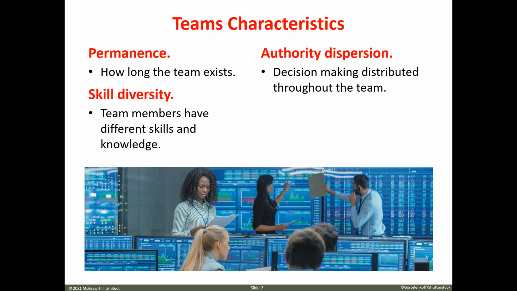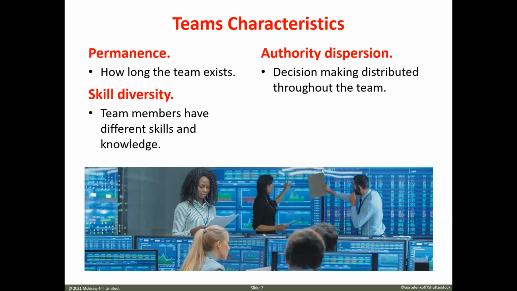Now, the first criterion is called performance. In very simple language, how long the team exists. For example, if you look at some accounting teams in different companies or marketing teams, perhaps they have a longer life. So the lifespan of teams, how long this team is working, is referred to by the term performance.